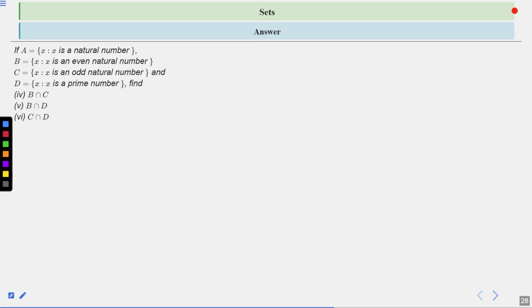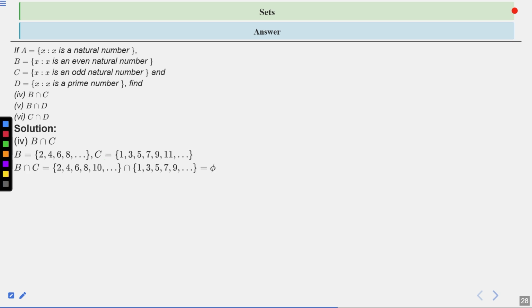Very simple. So the solution for the fourth: B intersection C, meaning you have to find the common elements from set B as well as from set C. So the intersection is going to be empty. Why?